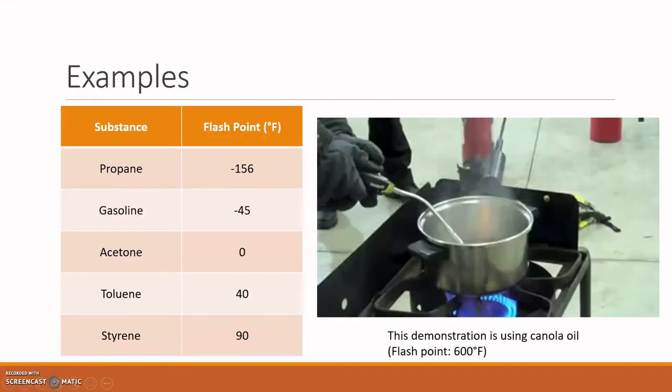Here are some examples of common substances and their flash points, just to give you a better idea. Propane is negative 156 degrees Fahrenheit.